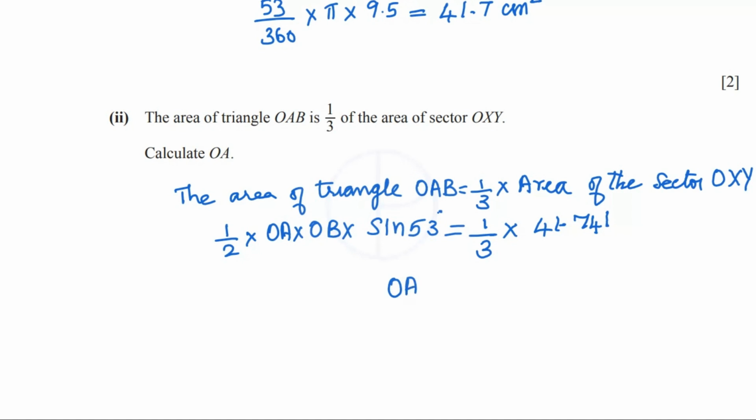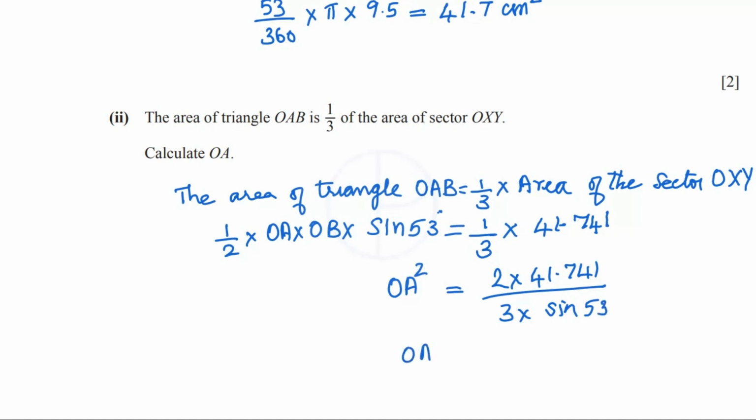We have to calculate OA, so let's make OA square as a subject. So bring all other terms to the right hand side. So we get 2 times 41.741 divided by 3 times sine 53.